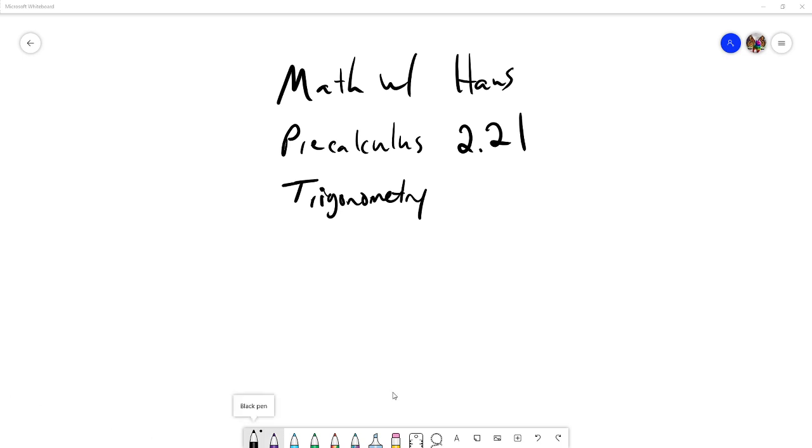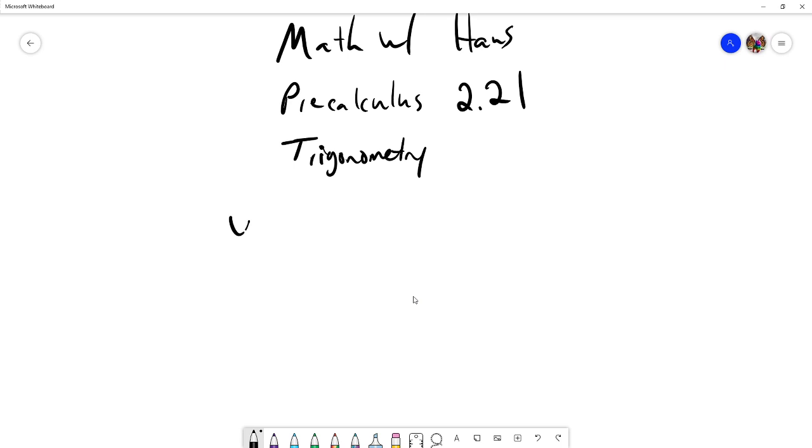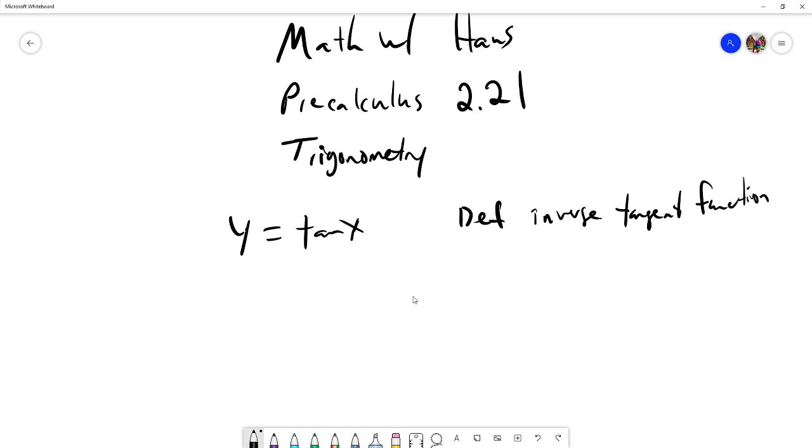So, in this case, we have y equals tangent x. Our question is, what is the inverse function? By definition, for the inverse tangent function, x is going to equal tangent y.